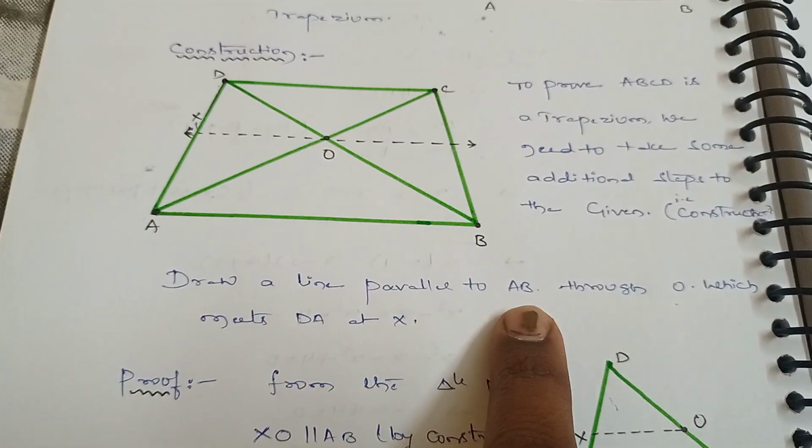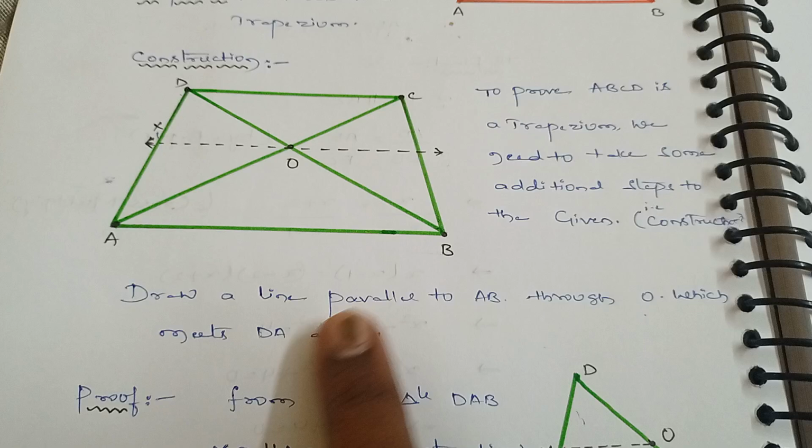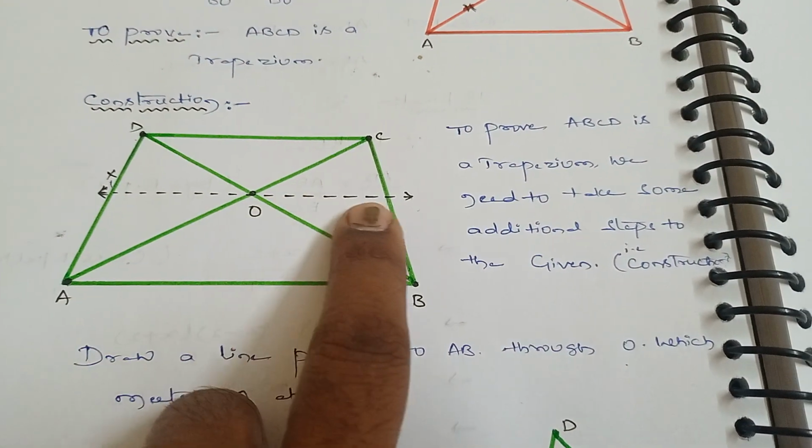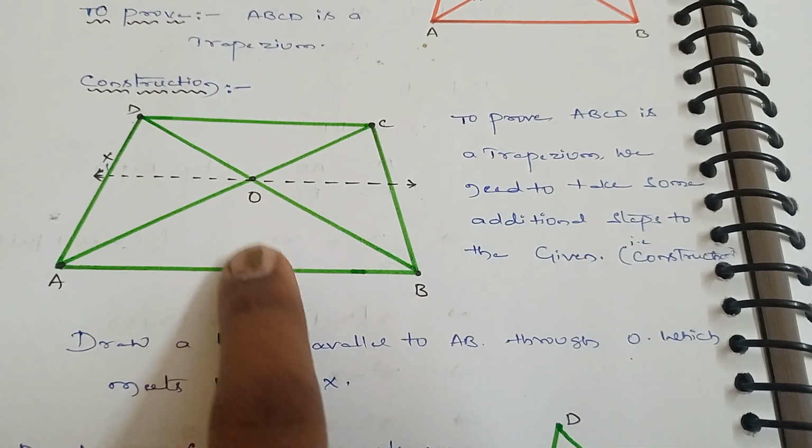Now draw a parallel line to AB through O which meets DA at X. Now from this figure, consider triangle DAB. In triangle DAB, XO is parallel to AB.